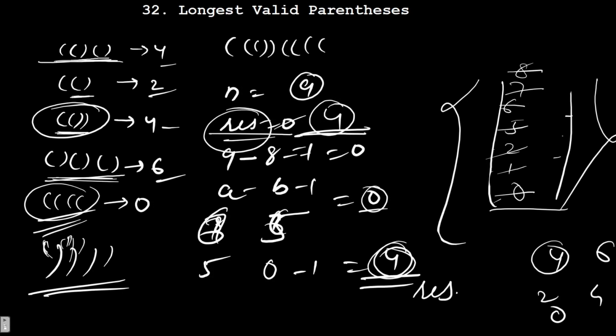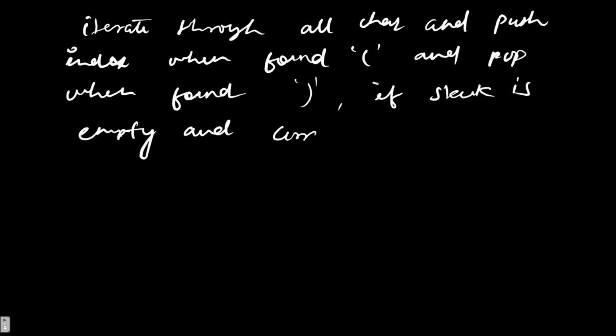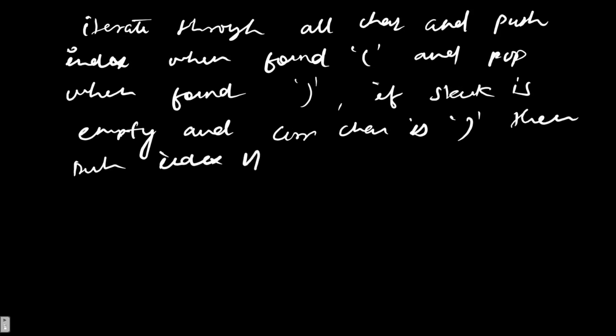So if the stack is empty and the current char is a close parenthesis, then push the index also. Okay, so this is the first step, and then we'll check if the stack is empty.